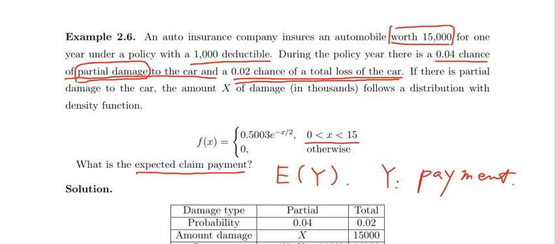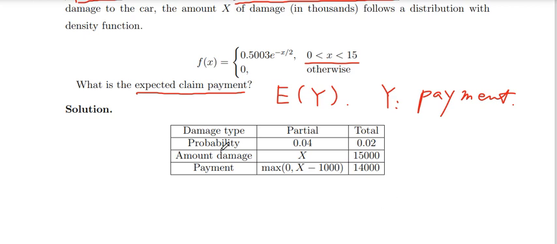But for partial damage, the number we don't know and it can change, so this is a random variable. This X can change. Could it be very small? Could it be very large? The total is 15,000. Okay, so we check the other case. For total damage, they will pay that.